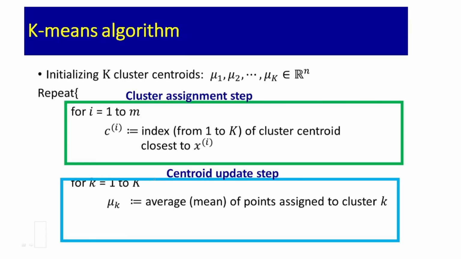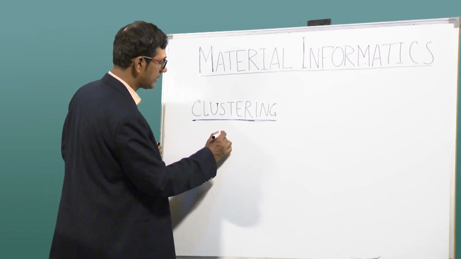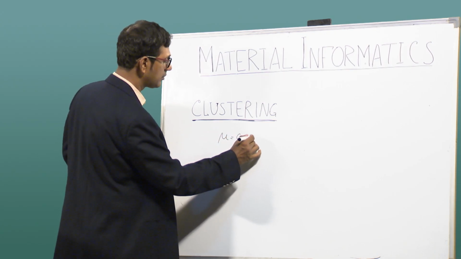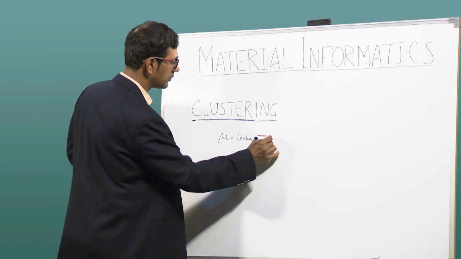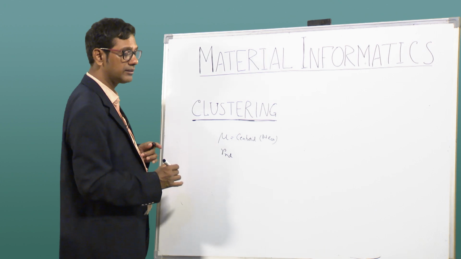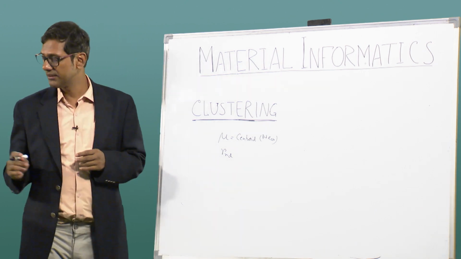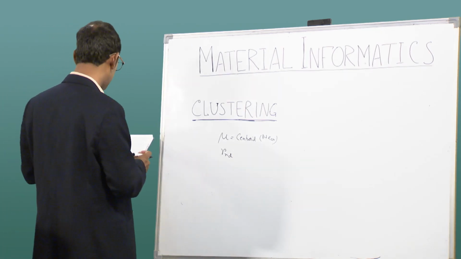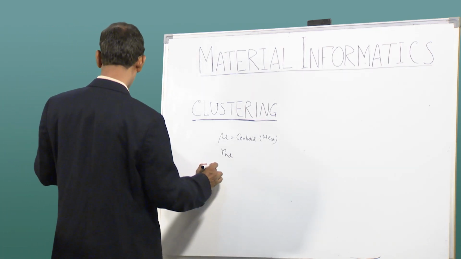So, in reality, for k-means clustering there are two parameters we need, which I talked about in the last lecture. You need what is called the centroid or mean, and you also need to know R and D, right. As you have seen, the real aspect of the function which you are going to use is very simple.